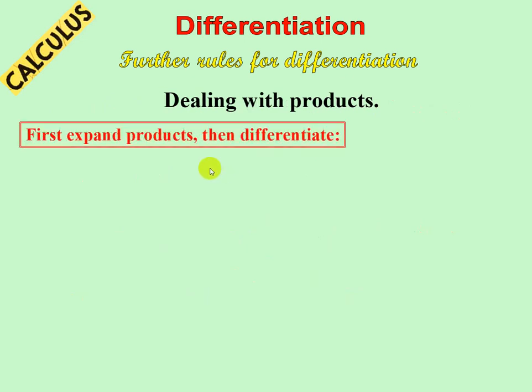Dealing with products: first expand the products and then differentiate. When I say expand, I mean simplify as well. So we have that there, that becomes 18x to the 7. Now we can differentiate. 7 times 18, 7 minus 1.